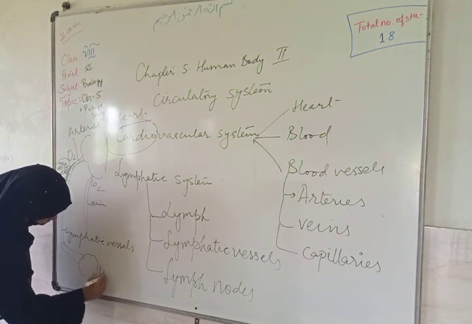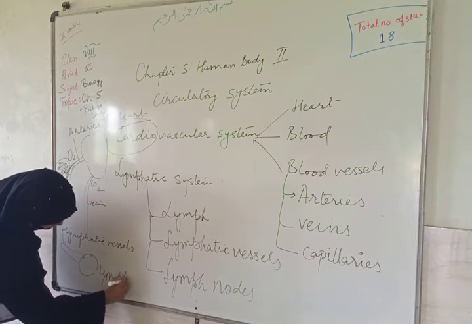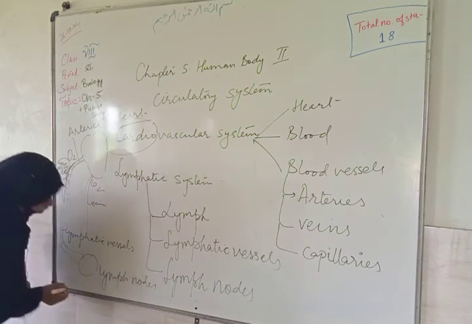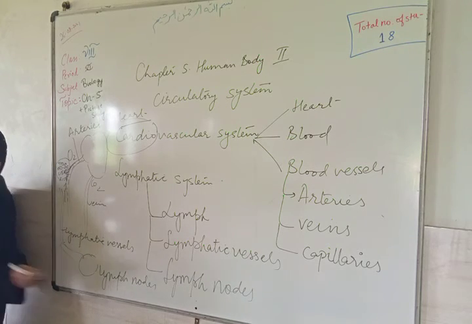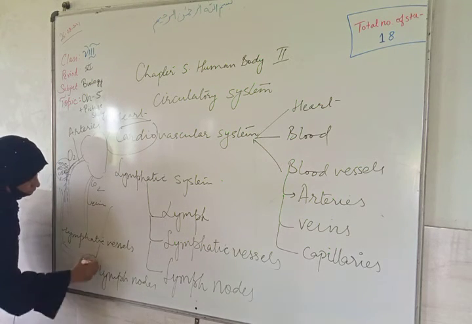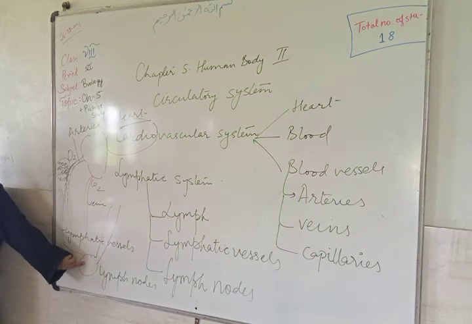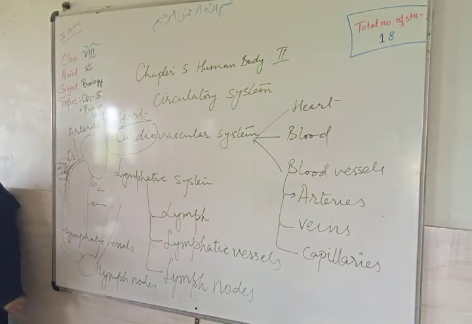Lymph nodes are the security points. They check whether there are any germs, and if there are, the lymphocytes kill them. And from the lymph node, where does this lymph go? It will drain into the vein.